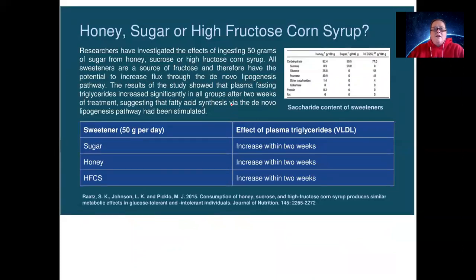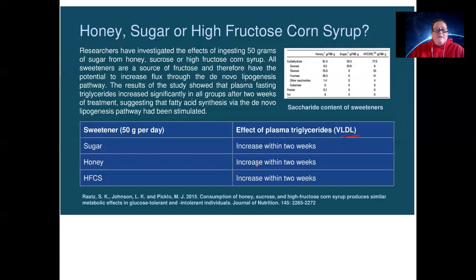This was a study that was done in which participants had ingested 50 grams of sugar from honey, sucrose, or high fructose corn syrup, and they looked at the level of plasma triglycerides, and at 50 grams per day, they noticed with sugar those triglycerides, which are associated with high cholesterol, very low density lipoproteins, so LDL, increased within 2 weeks.